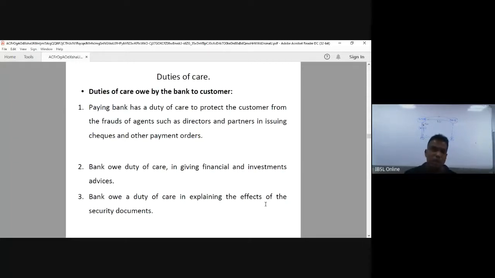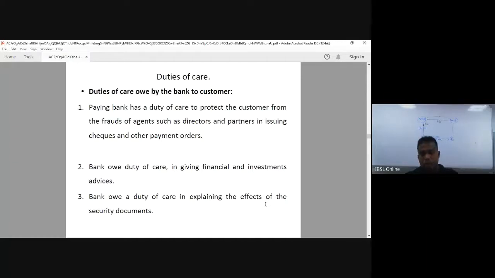We have come across a lot of situations where bank officers have advised negligently, and sometimes, I would say, without proper knowledge. Sometimes some bank officers give legal advice also to their customers. They are not conversant with law, but they give legal advice.